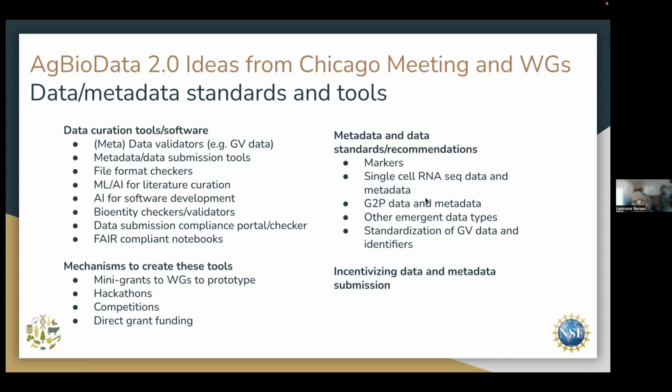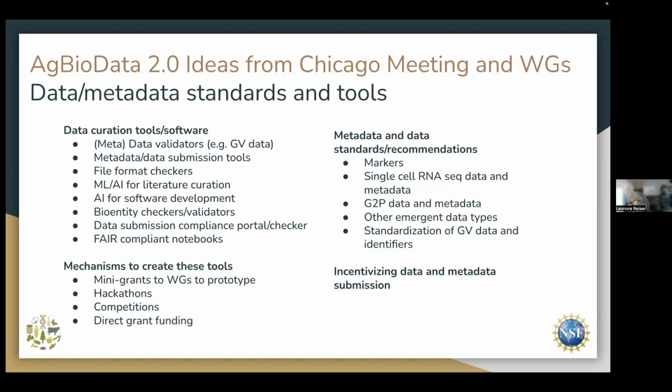There are a lot of ideas in the data and metadata standards and tools space. The need for not just the data standards and the recommendations about metadata and the standards, which are really important, but also a lot of ideas that people had about how we facilitate the adoption.